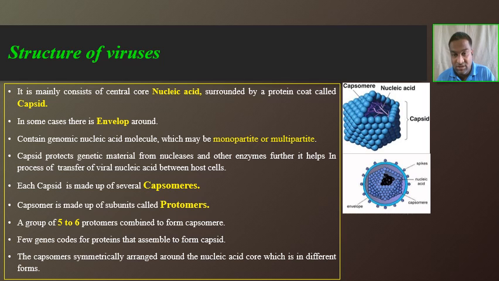Here in this three-dimensional image of the virus, it shows the crystalline structure, which shows the core or central part of the virus, which contains the nucleic acids surrounded by a protein coat. Here is the protein coat around the nucleic acids of the viruses.